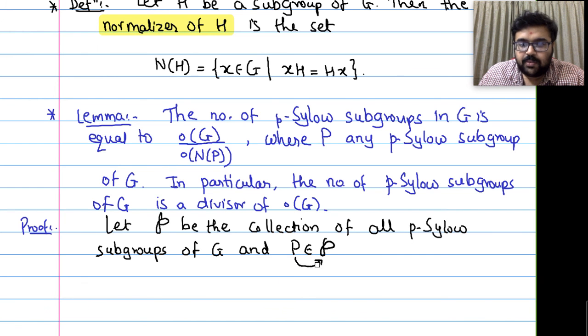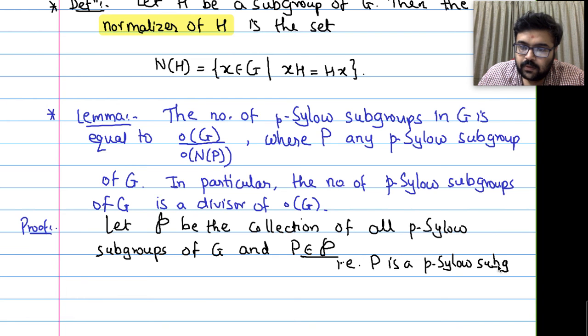So what is P? P is a p-Sylow subgroup, because this is the collection of all p-Sylow subgroups and P belongs to 𝒫. So that means P is a p-Sylow subgroup of G. Right.